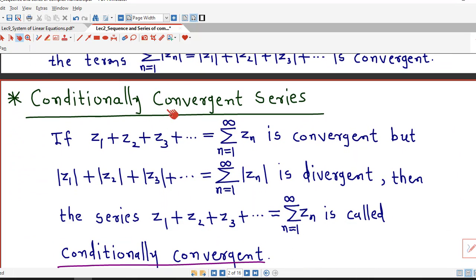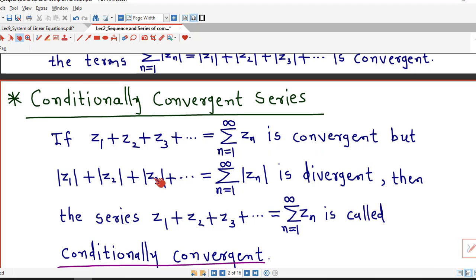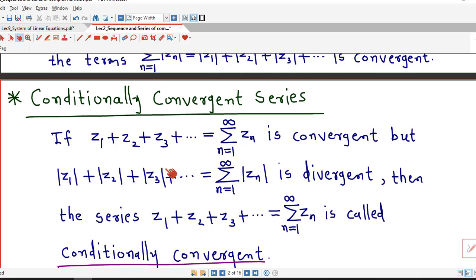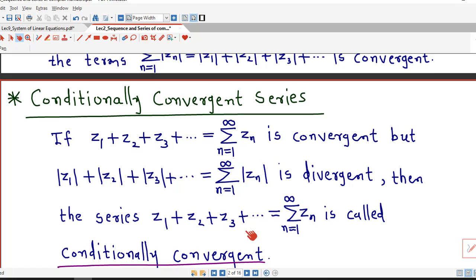The next definition is conditionally convergent series. Suppose we have this series sigma Zn. If sigma Zn is convergent but sigma mod Zn is divergent, where sigma mod Zn is the series obtained from this series by taking the absolute value of each term, then sigma Zn is called conditionally convergent.